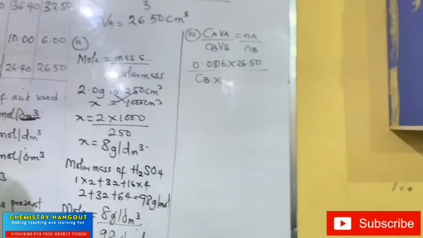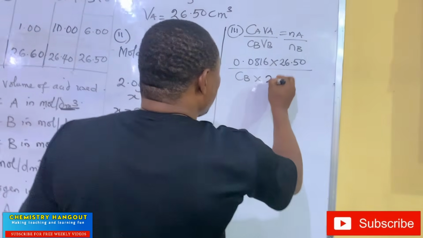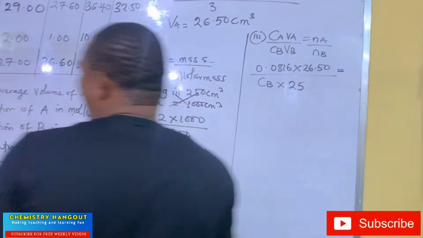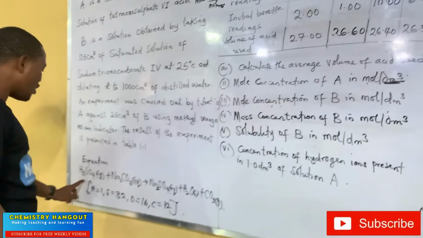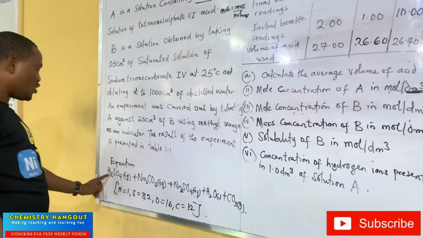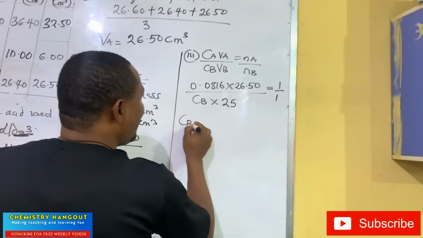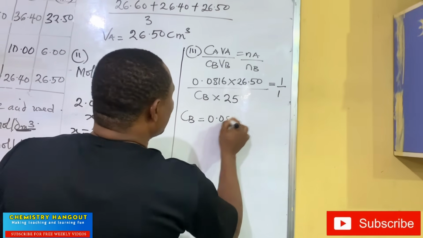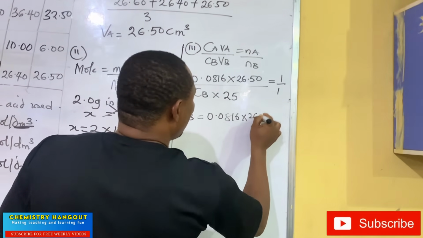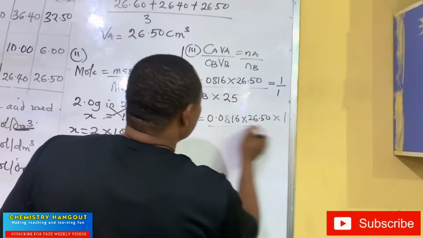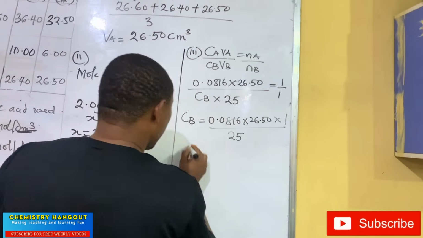Do you understand? So volume of B, that's 25, that's the volume of the pipette, equals number of moles of acid. Look at the equation of reaction, we have 1 to 1. Did you see 1 mole of this to 1 mole of this? So that's 1 to 1. So our CB is going to be 0.0816 times 26.50 times 1. Then we are dividing by 25.